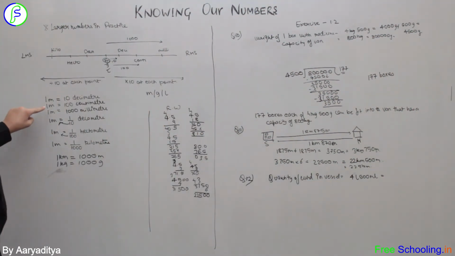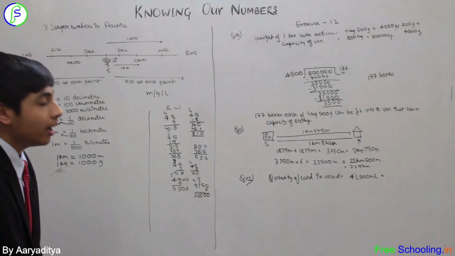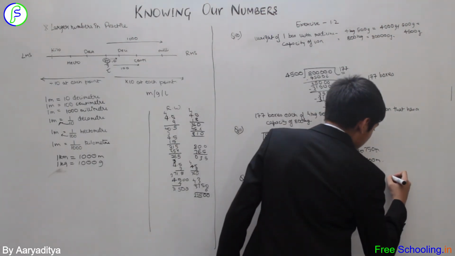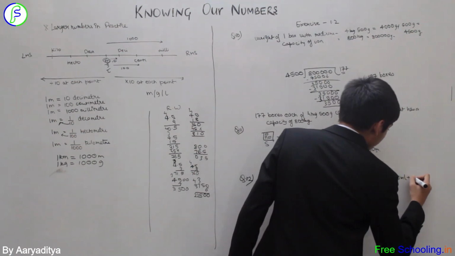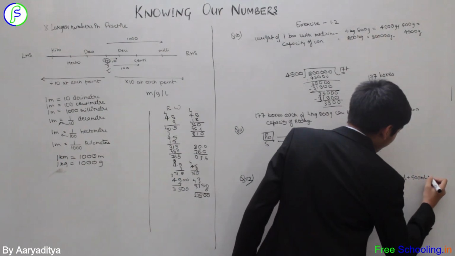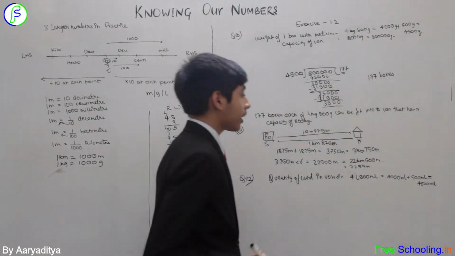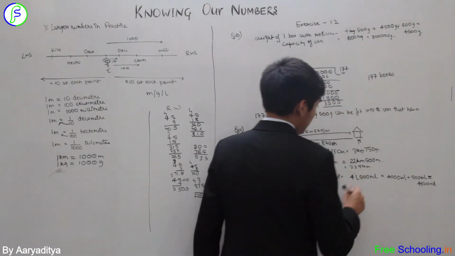So 1 liter into 4 is equal to 1000 milliliter into 4. In total, we get 4000 milliliter. So we add 4000 milliliter with 500 milliliter, and we get a total of 4500 milliliter. You can convert that to 4.5 liter, same as here.